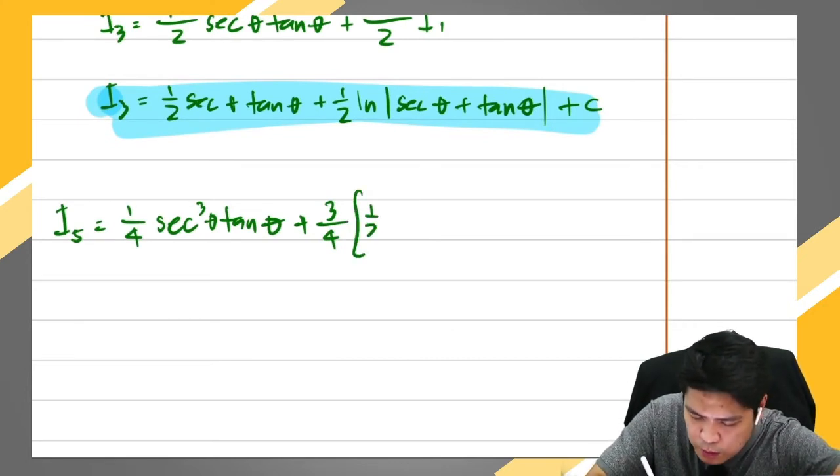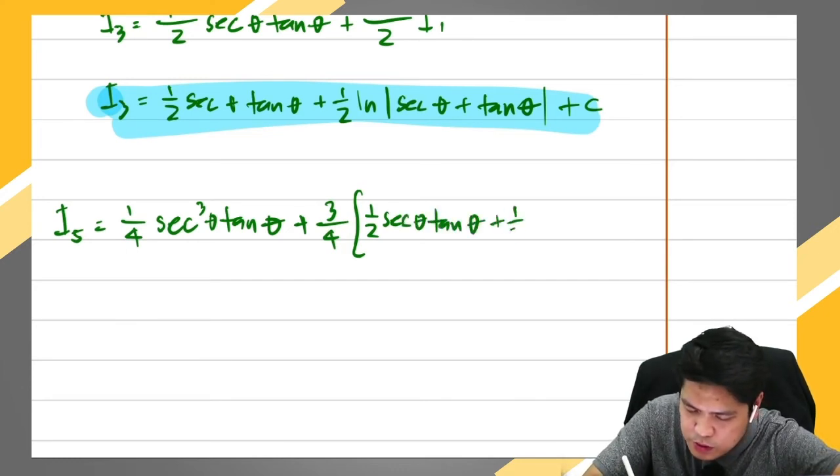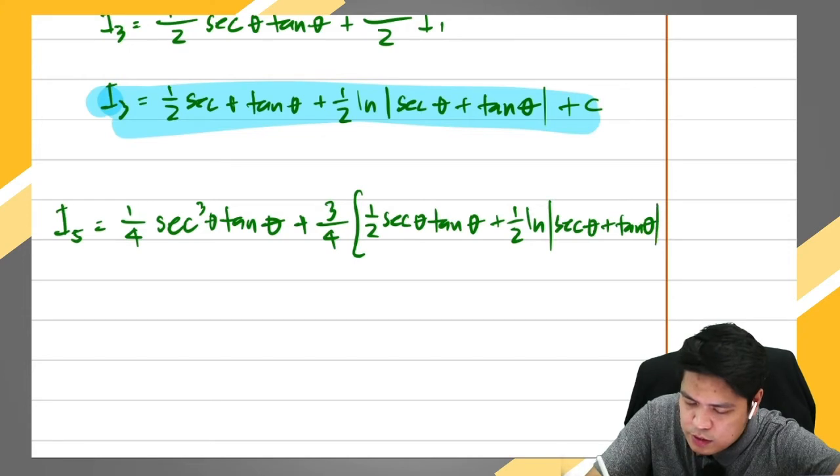So we have 1 half secant theta tangent theta plus 1 half ln secant theta plus tangent theta plus c.